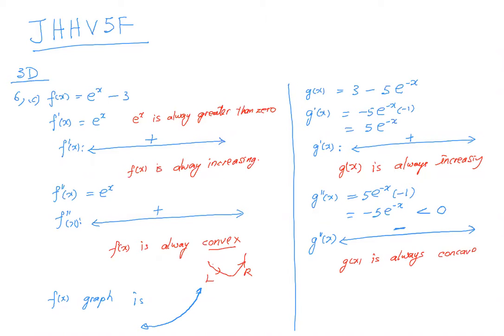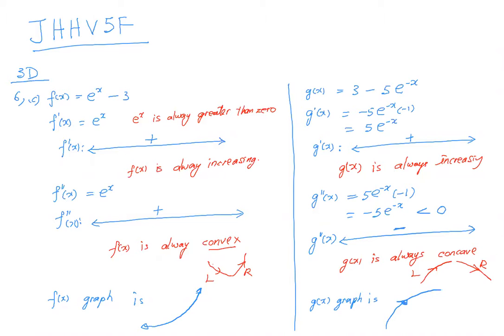So when you talk about concave, you have two parts. So you tell me the left-hand side or the right-hand side? Right. It's the left-hand side, correct? So your gx graph is like that.